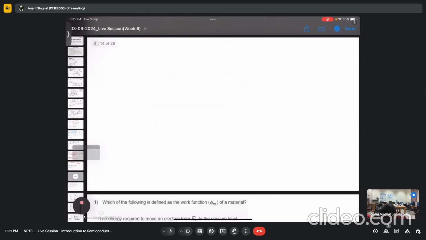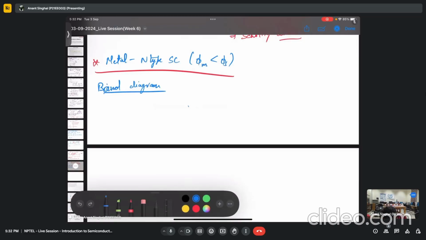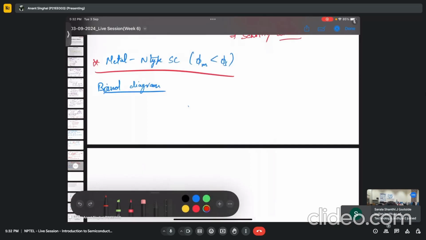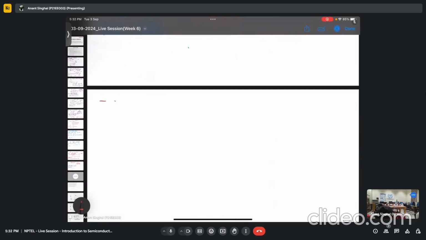So what I was saying is to make the band diagram for a metal and n-type semiconductor when phi m is less than phi s. Let's try it out now. Since phi m is less than phi s, let's say this is the vacuum level.